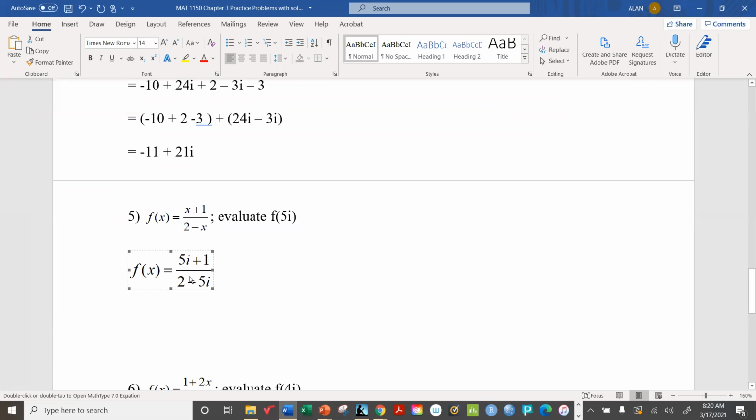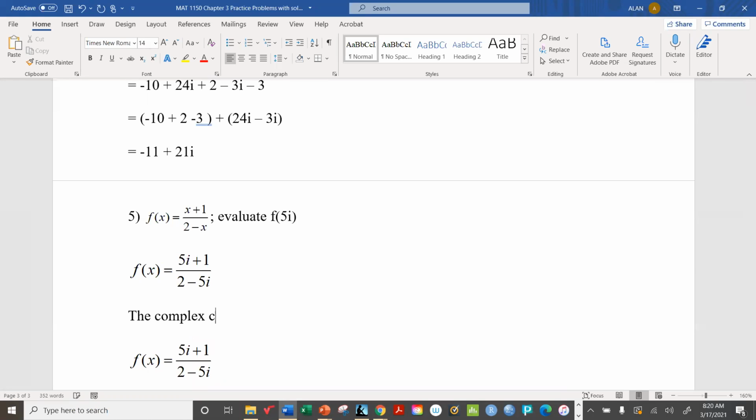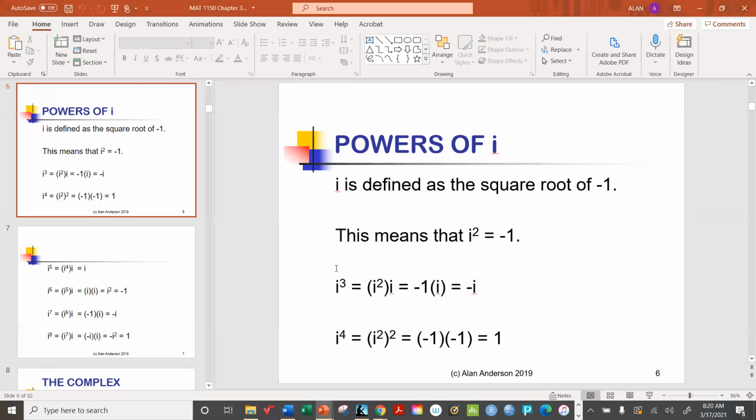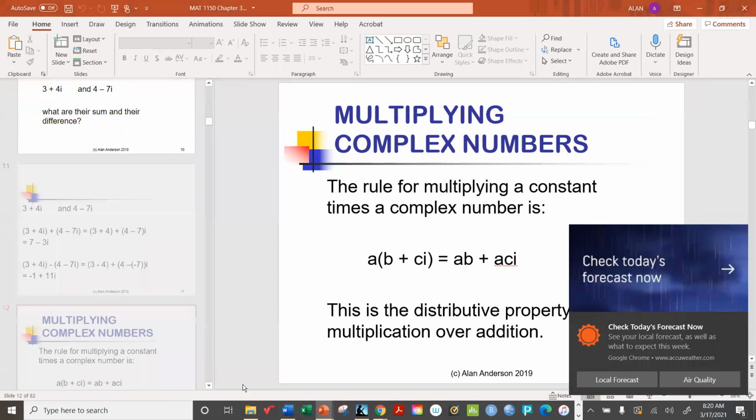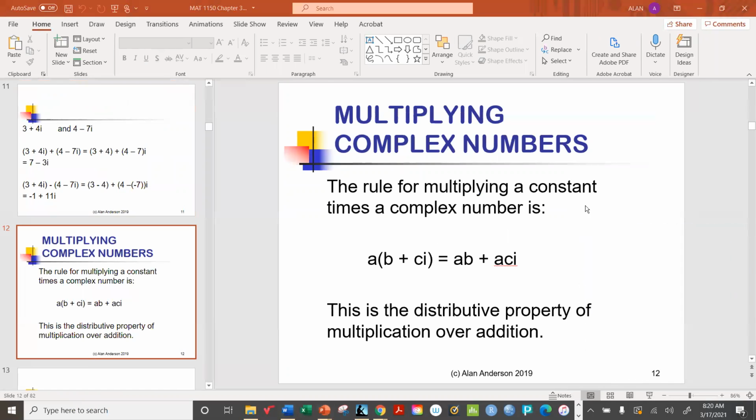Well, here's what we can do. We can use the so-called complex conjugate technique. So just recall, the complex conjugate of a plus bi is a minus bi. So how does that help us? In fact, why don't we go back to that section of the chapter and revisit this idea for a second.